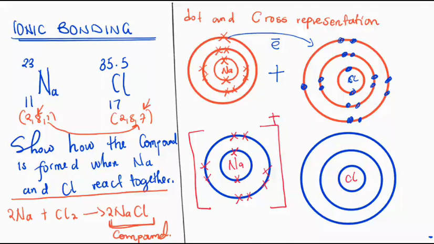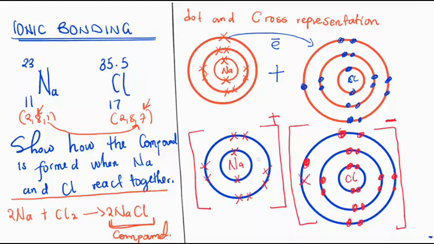On the other hand, chlorine will show that it has accepted that electron, so it will show it with a negative sign here. And this is how we represent chlorine. One electron is coming from sodium.